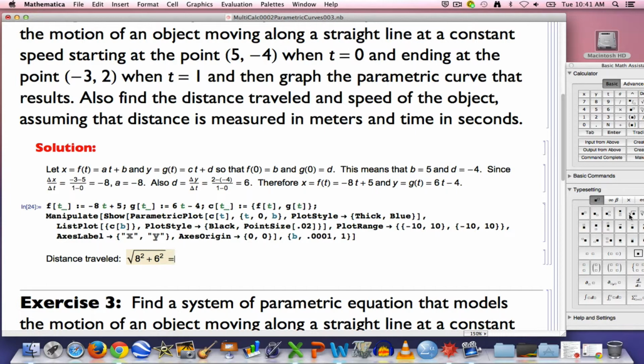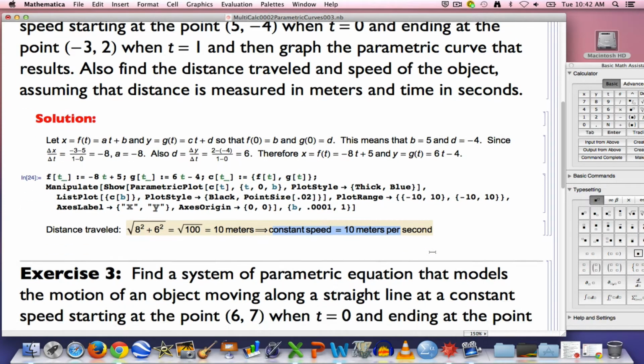That will be the square root of 64 plus 36, square root of 100. How about that? Nice number, 10 meters. Since it's over 1 second, the constant speed will equal 10 meters per second. Alright, the distance traveled is exactly 10 meters and the constant speed is 10 meters per second. That's the answer to the last question here.